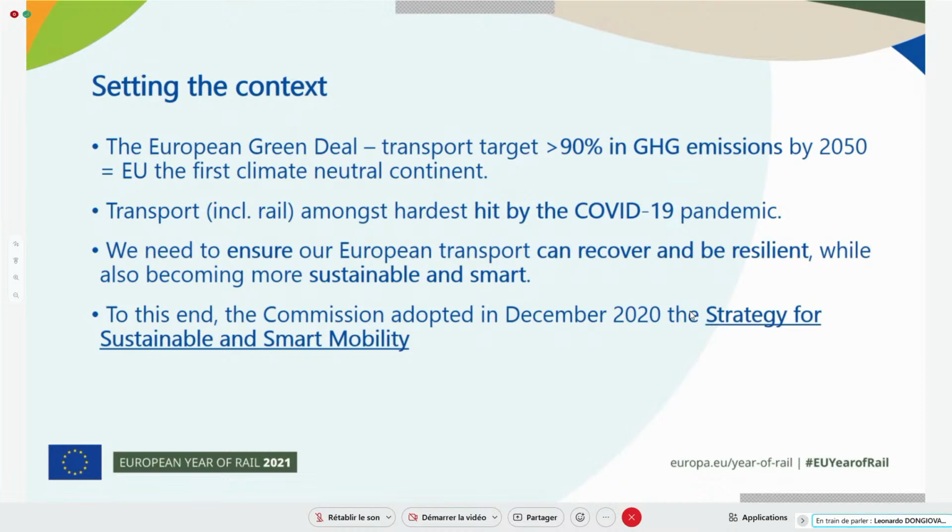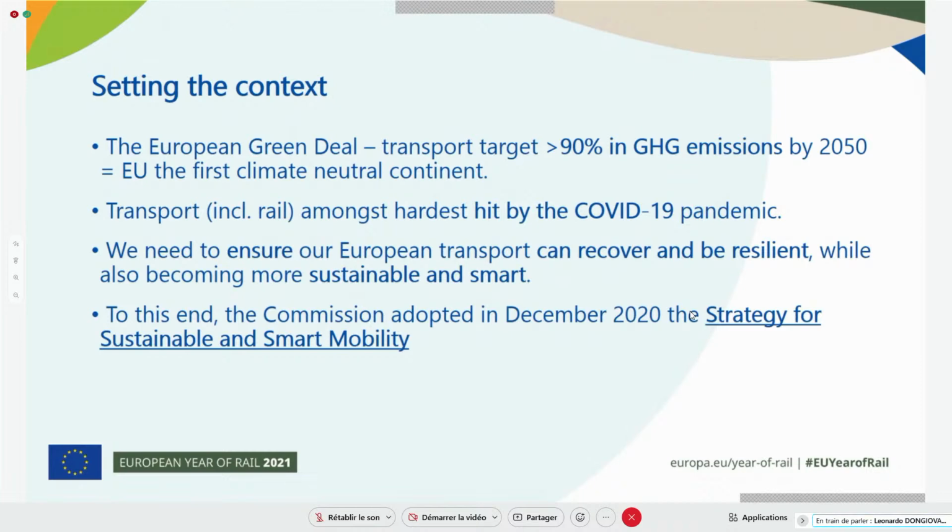Well, not to fight the pandemic itself, but to fight the negative effects of the lockdown. So rail was, for example, useful and instrumental to transfer a lot of medical equipment from one point to the other of Europe. And this also put rail in the spotlight as a key transport mode in Europe.